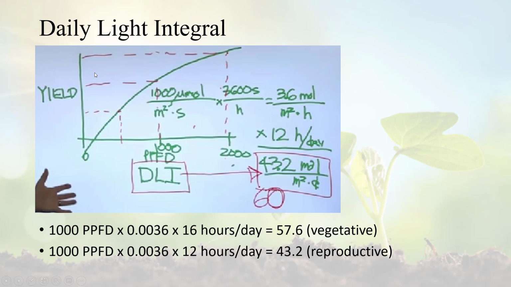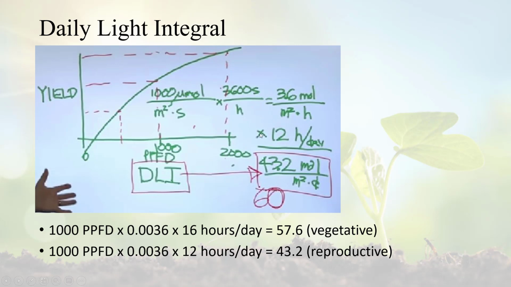Again, more photons, more light, more glucose, more growth. And ideally, you want to be growing them at around 1,000 micromoles or 1,000 PPFD, which is really high. But again, cannabis can handle that light.